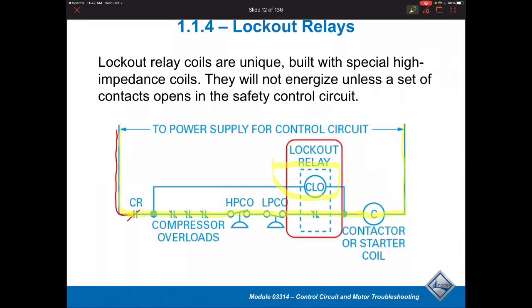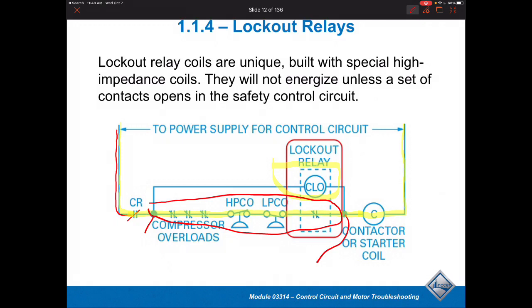If we were to measure our voltage from this point to this point, we really don't have any potential difference because all of these are going to be closed.